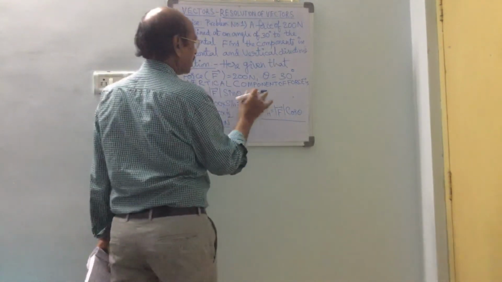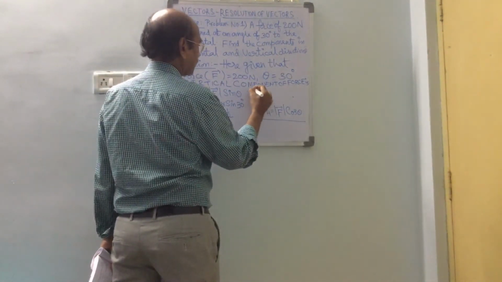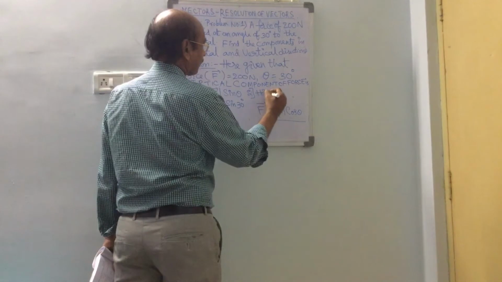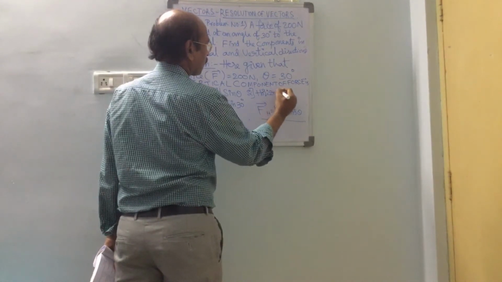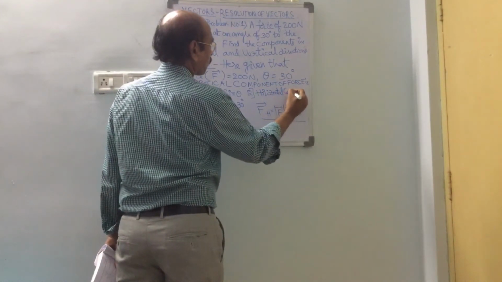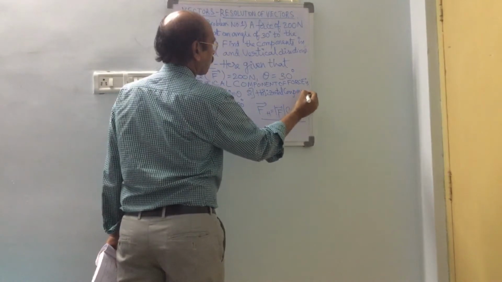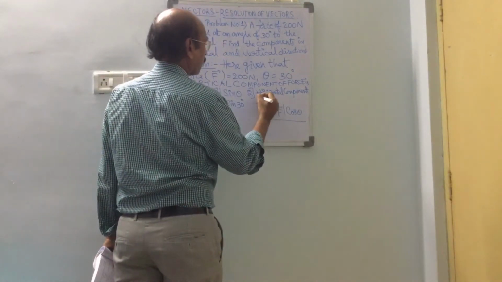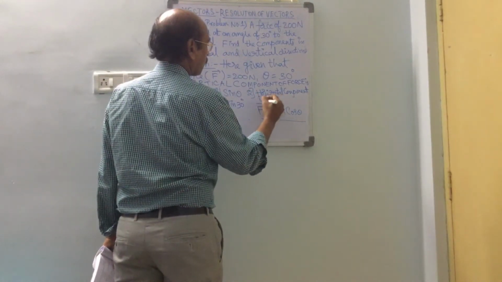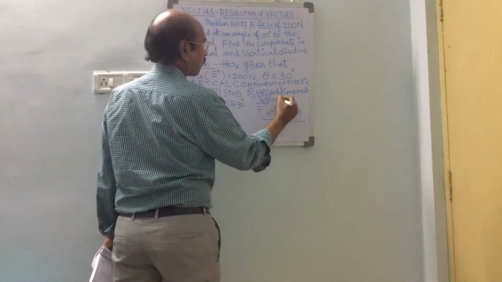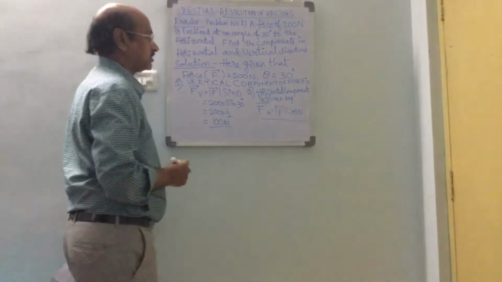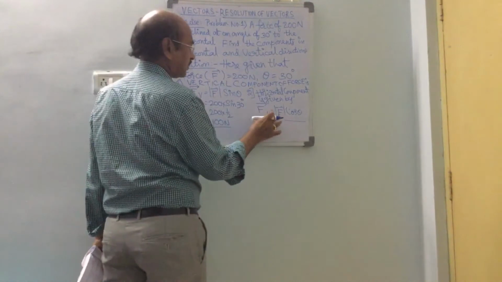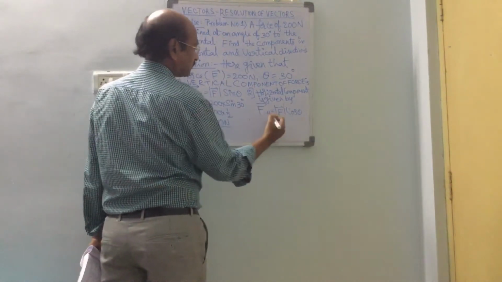And the horizontal component is given by F bar H is equal to modulus of F bar into cos theta.